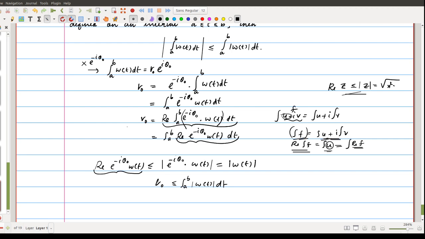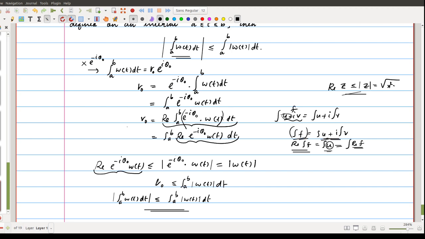What is r naught? r naught is the modulus of this integral. So the modulus of the integral from a to b of omega of t dt is always less than or equal to the integral from a to b of modulus omega of t dt. So this proves this lemma.